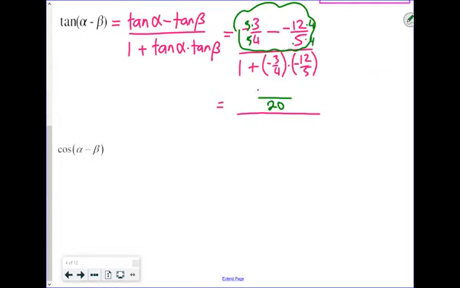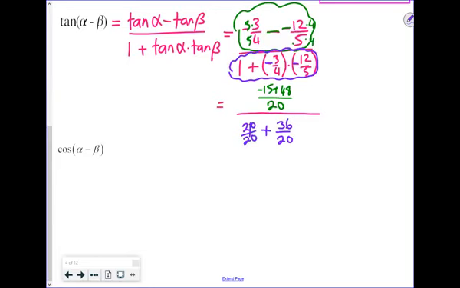So I've got minus 15, minus, subtract a negative, that's adding 48. That's what I've got in the numerator. Remember, I can only have one fraction. So here I've got 1 plus, and negative times a negative is a positive, so that's going to stay as adding. 3 times 12 is 36. 4 times 5 is 20. And I want this to be one fraction, so I'm going to write this as 20/20 for that one.